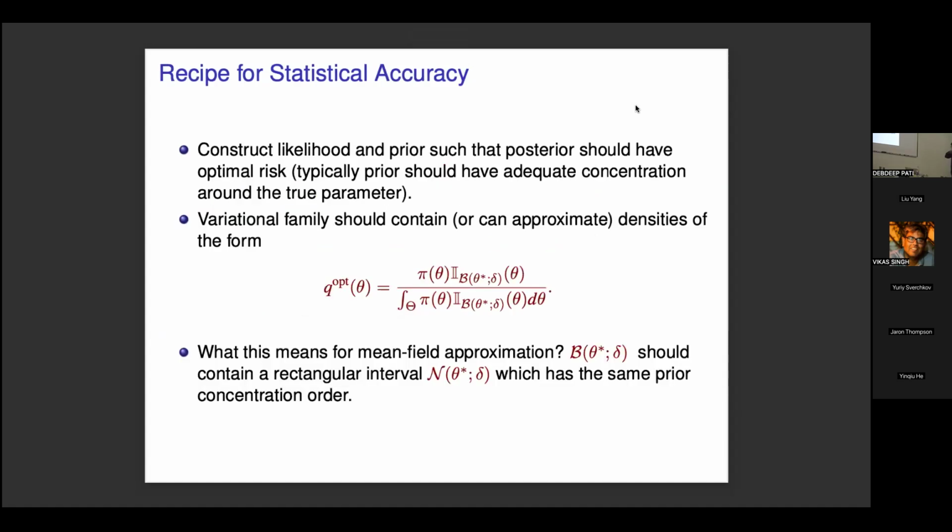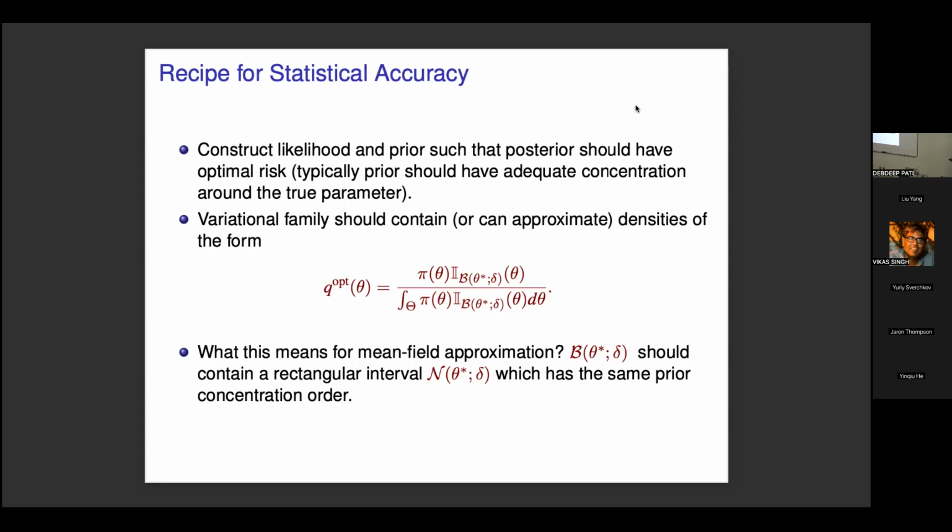Anyway, so just to conclude the first part of the talk, what are the recipes to ensure that the variational family is doing the right thing? Okay? First of all, you have to make sure that your likelihood and prior are such that the posterior is optimal. That's the most important requirement. Regarding the variational family, what you need to ensure is that your family should have densities of this particular form.